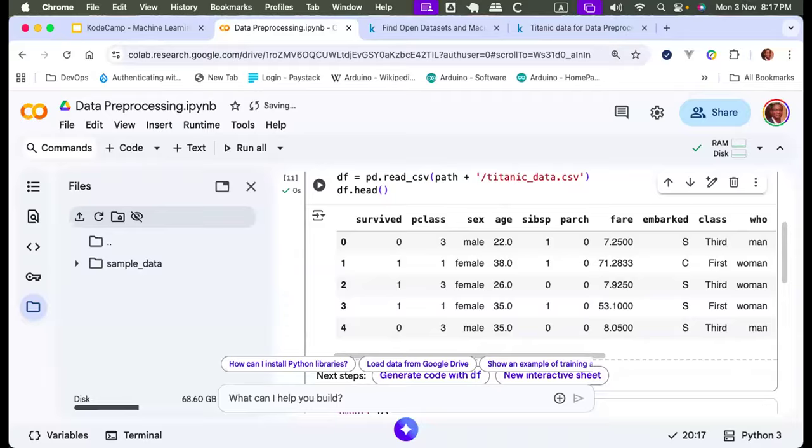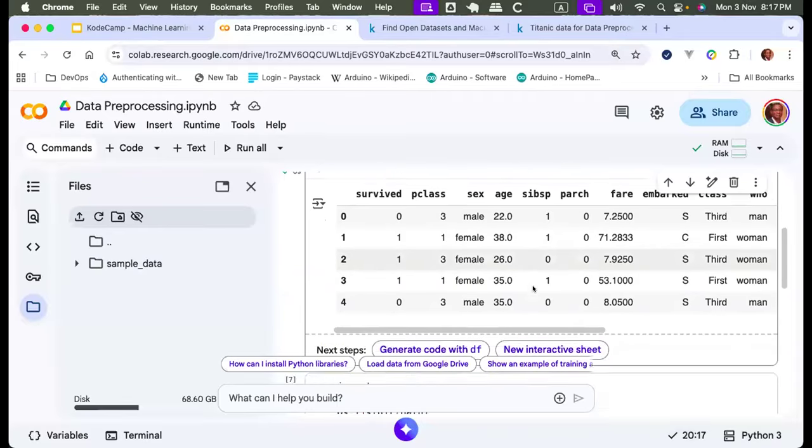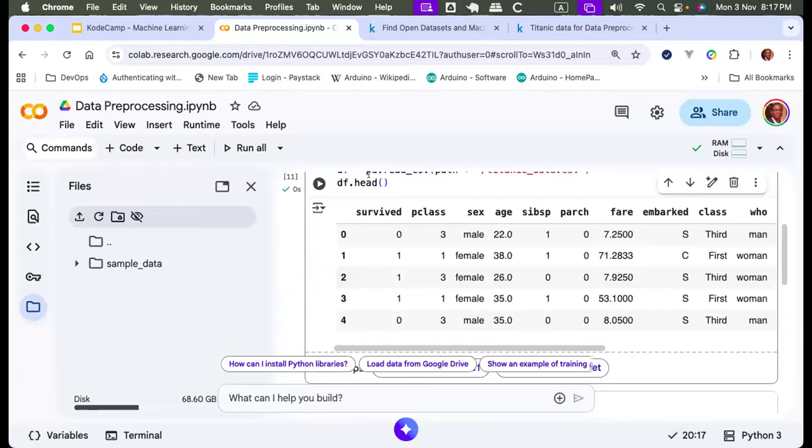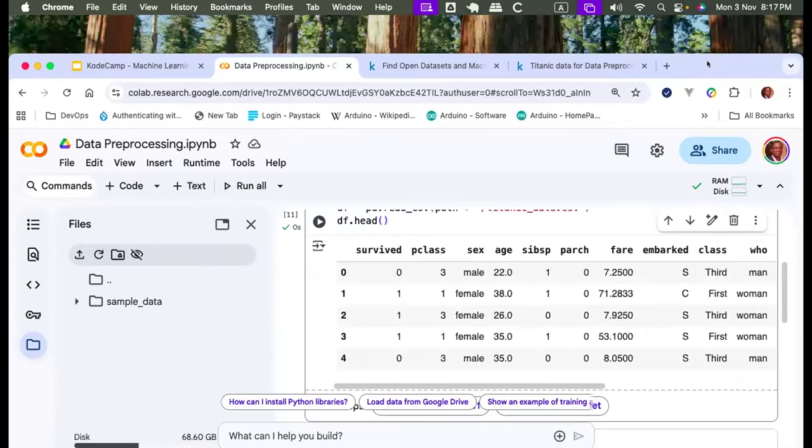So if you look at this, the screen is pretty small, so I want to go to a bigger screen. So give me a second. I'm going to switch to a bigger screen.